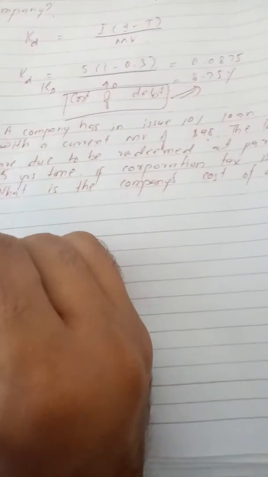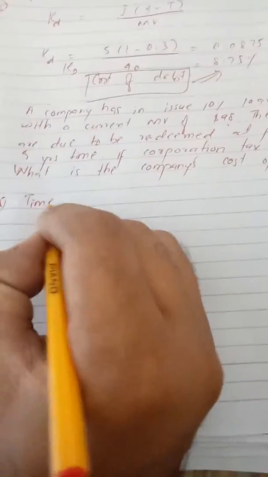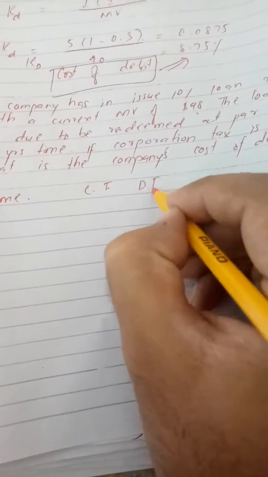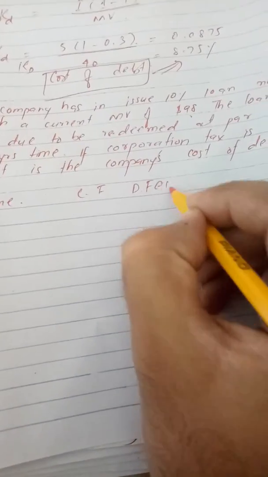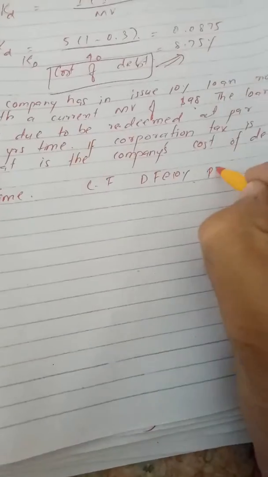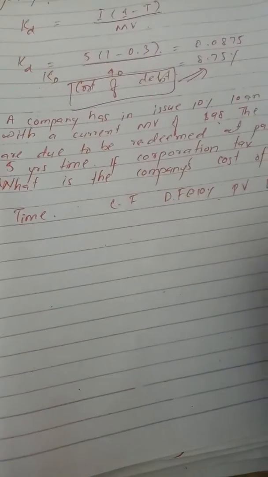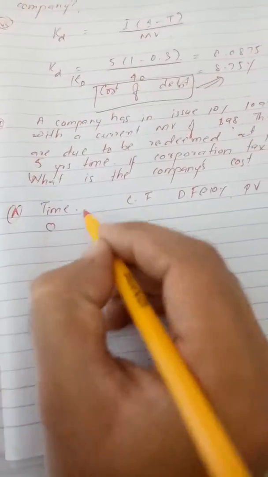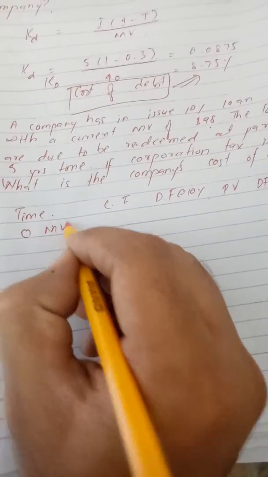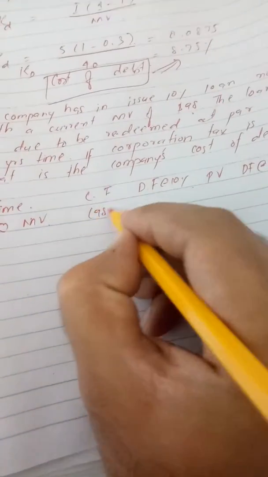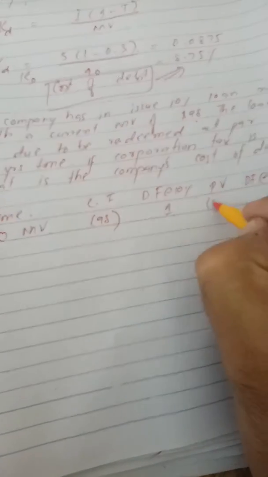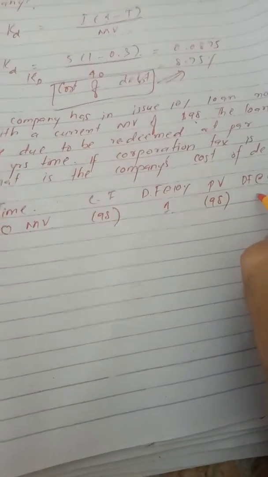Then yet again we have to show it as per time: cash flow, DF at 10%, PV, and DF at 5%, NPV. That would be time 0, and that would be the market value, 98, which is the current market value.